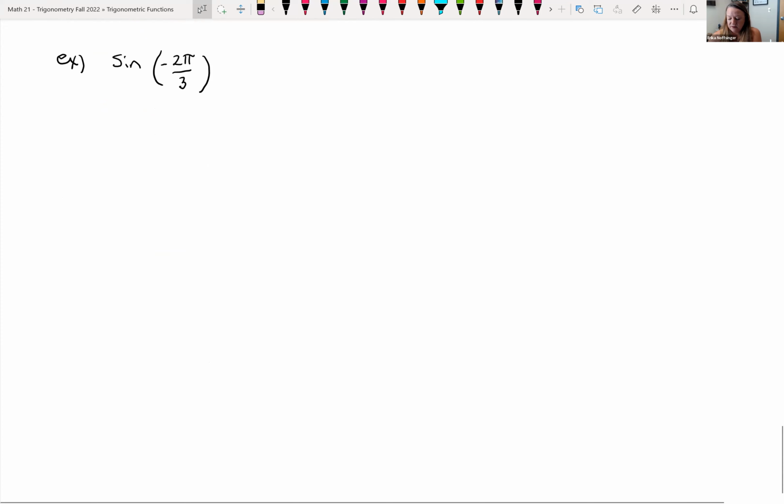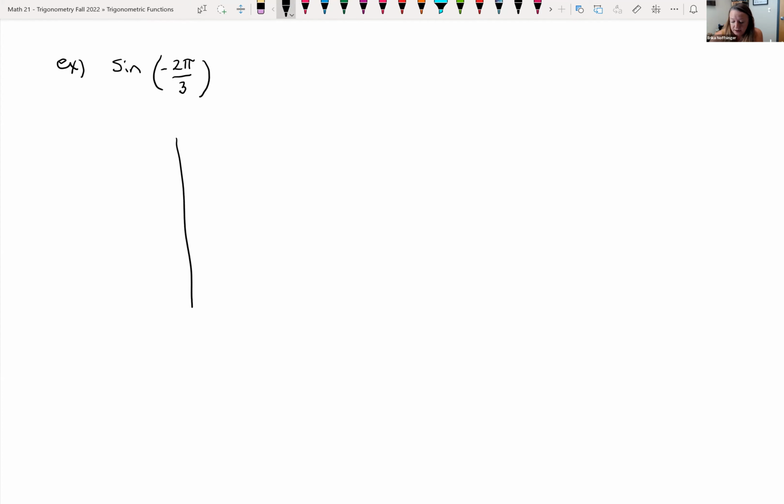So graphing negative 2 pi thirds, I know I'm going clockwise. I know if I added pi thirds to the 2 pi thirds, that's 3 pi thirds. That would get me up to pi. So negative 2 pi thirds is right here about.